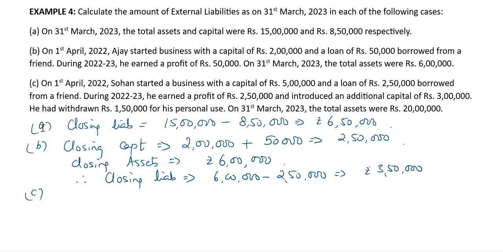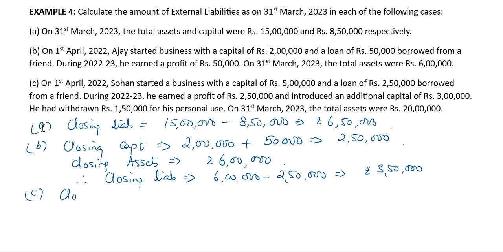The C subdivision. On 1st April 2022, Sohan started a business with a capital of rupees 5 lakh and a loan of rupees 2,50,000 borrowed from a friend. During 2022-23, he earned a profit of rupees 2,50,000 and introduced additional capital of 3 lakh. He had withdrawn rupees 1,50,000 for his personal use. On 31st March 2023, the total assets were rupees 20 lakh.